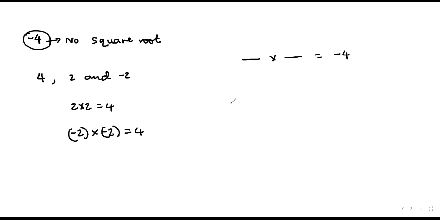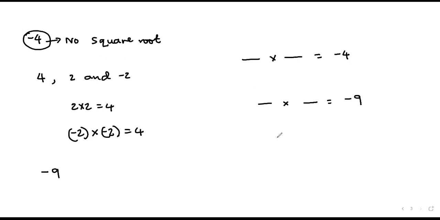Look, if we have negative 9, do you think we can get the square root of negative 9? Yes or no? No. Because there is no number that I can multiply by itself to get negative 9.